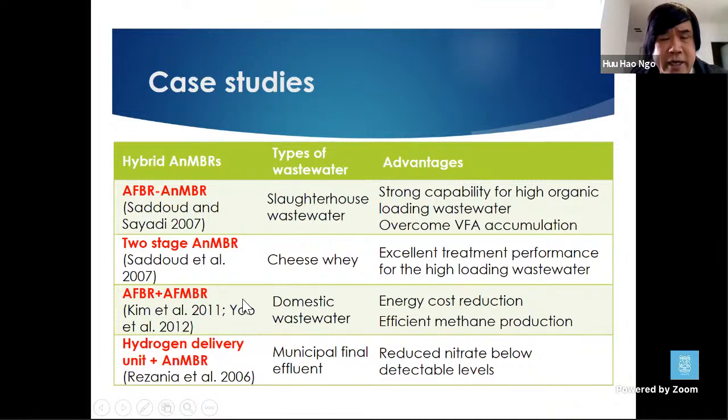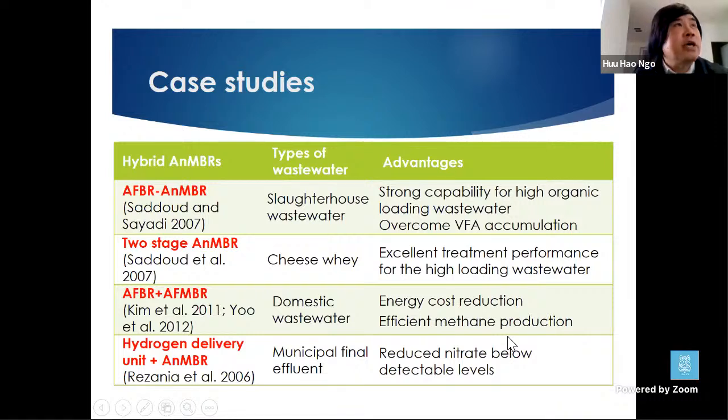with the anaerobic MBR. We say that when we use this kind of thing for domestic wastewater, we think about whether it's worth doing, okay? When they combine the two systems, if we don't have energy cost reduction, and if we don't have efficient methane production, forget it.